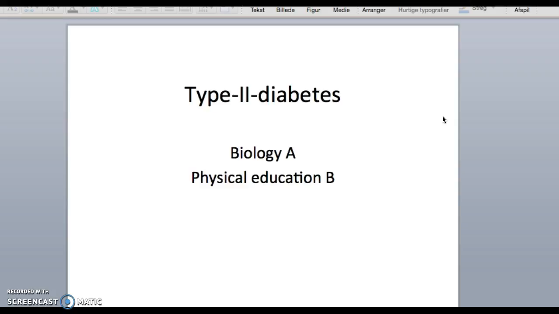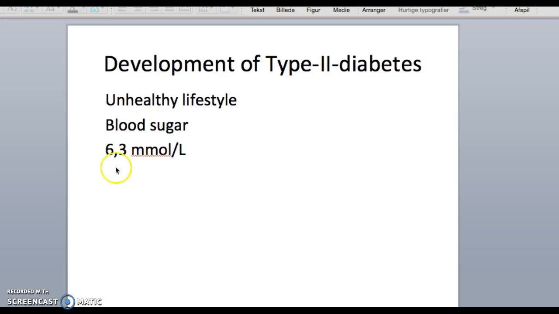And at the same time, I like to look at how a healthy lifestyle is important, like for type 2 diabetes and diabetic patients, how it is important for them to have a healthy lifestyle. So the development of type 2 diabetes comes from an unhealthy lifestyle based on no exercise and a high calorie diet.